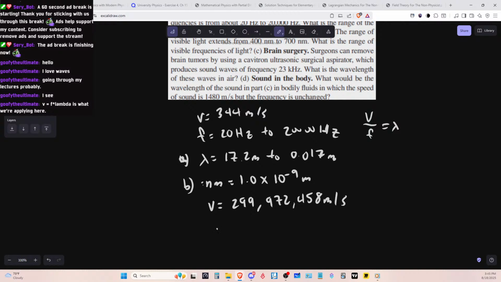So now we have to calculate the wavelength of these. So divided by 1.9 or to the 11. Should be right.